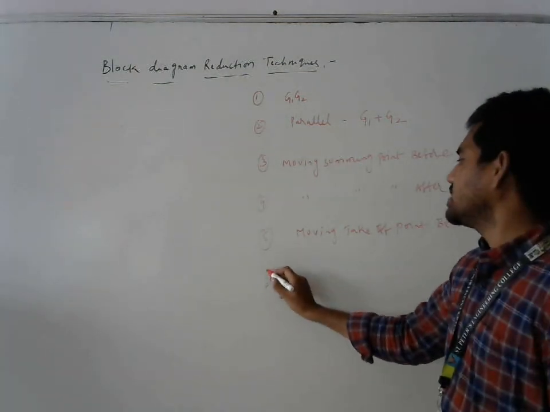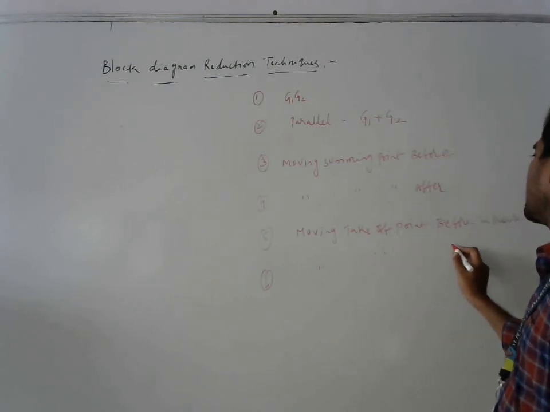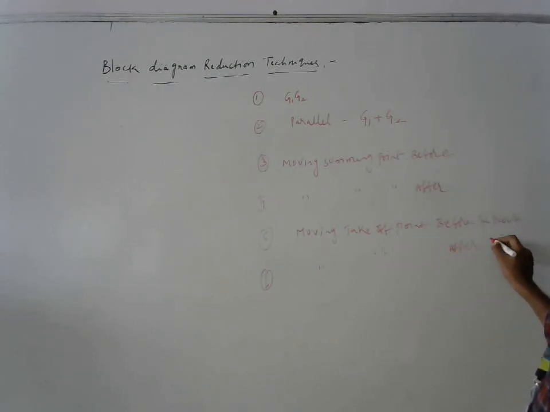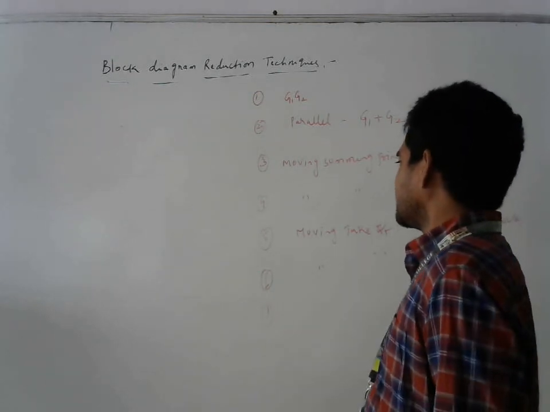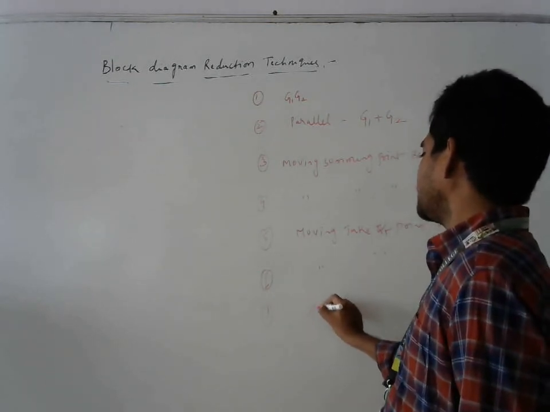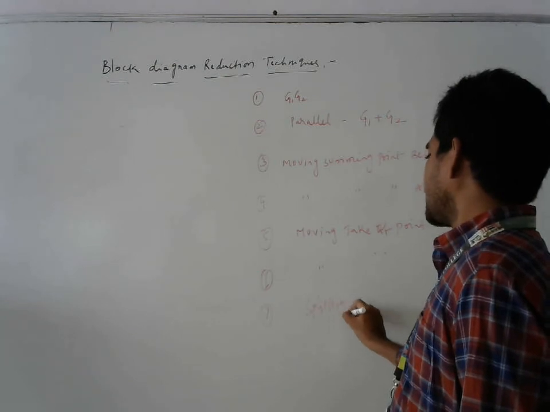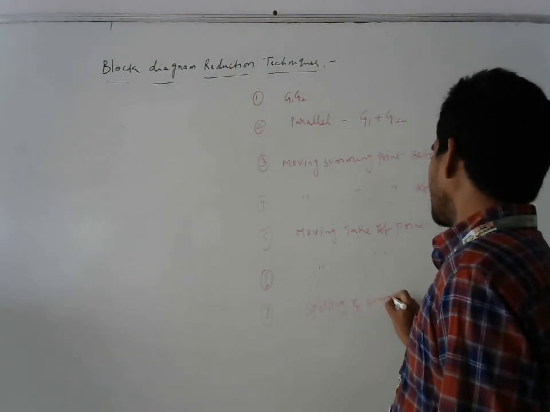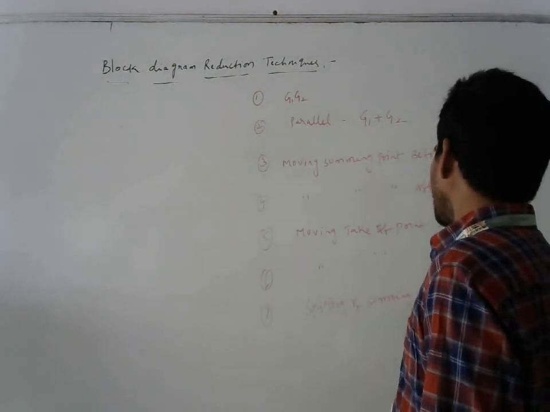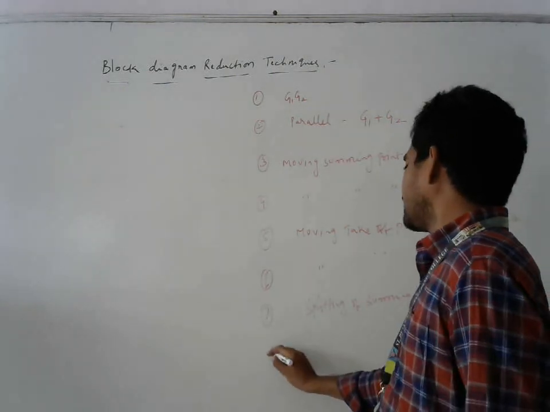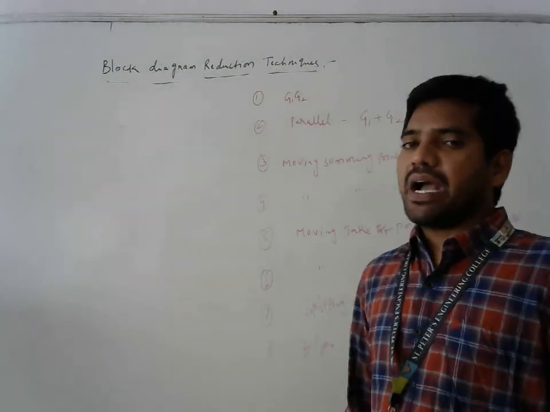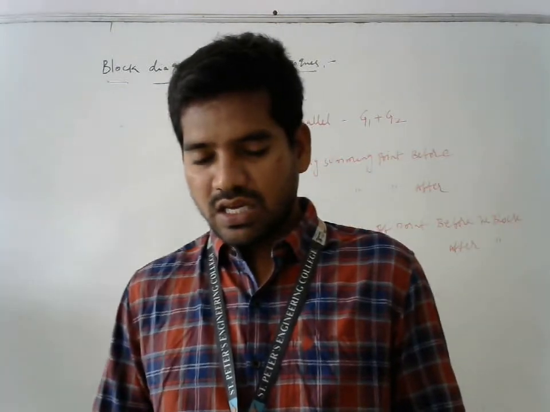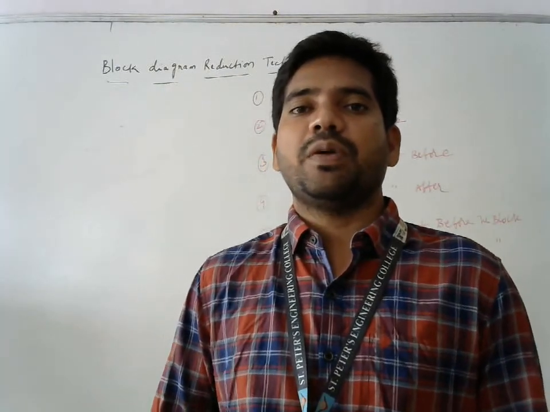And the sixth one is moving the takeoff point after the block. And the seventh one is splitting of summing point. And the last rule is feedback paths. Identification of feedback paths, whether it is a positive feedback or negative feedback.